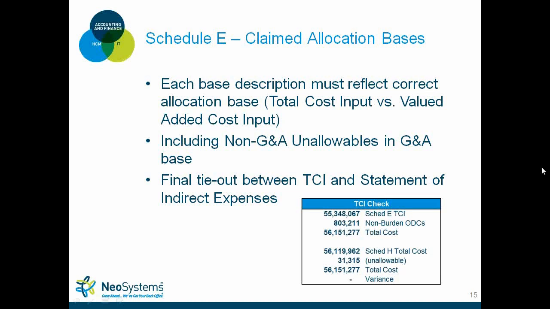Take a look at all of your Schedule E, including non-burden ODCs, to really look at all of the total costs and compare that against total cost in Schedule H after the burdens, after all of the calculations, and look for the variances if you have any, and of course take into account the unallowables there.